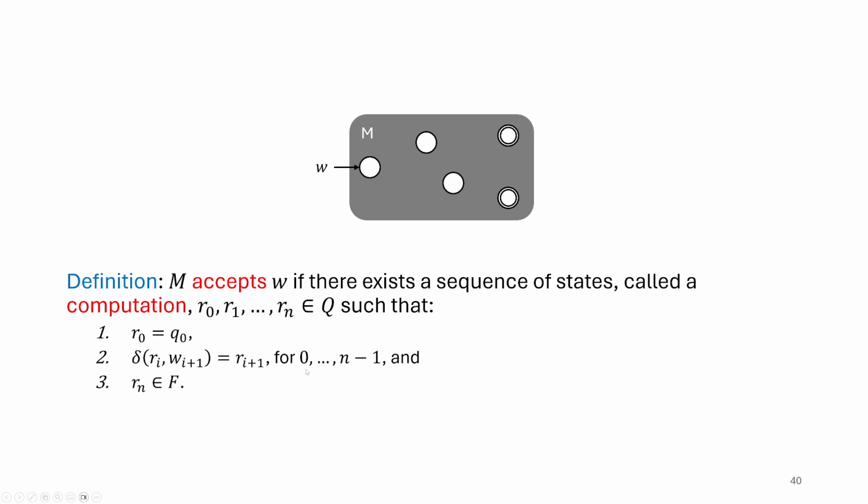Okay, let's look at this next one here. It's got a little bit of formal math in there, so we want to make sure we understand what it means. It's saying here that if you're in state Ri, whichever one that is of this sequence, and you're processing symbol Wi plus 1, maybe I'll come back to those indexes here in a second, then after processing that, we should arrive at the next state in the sequence.